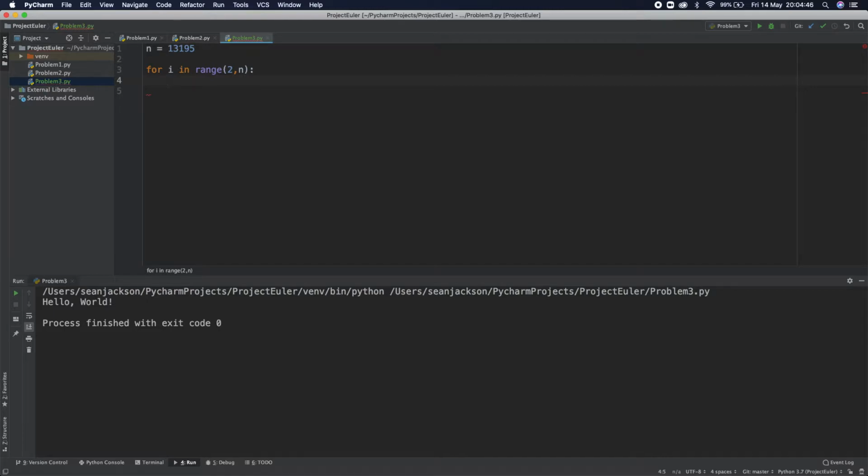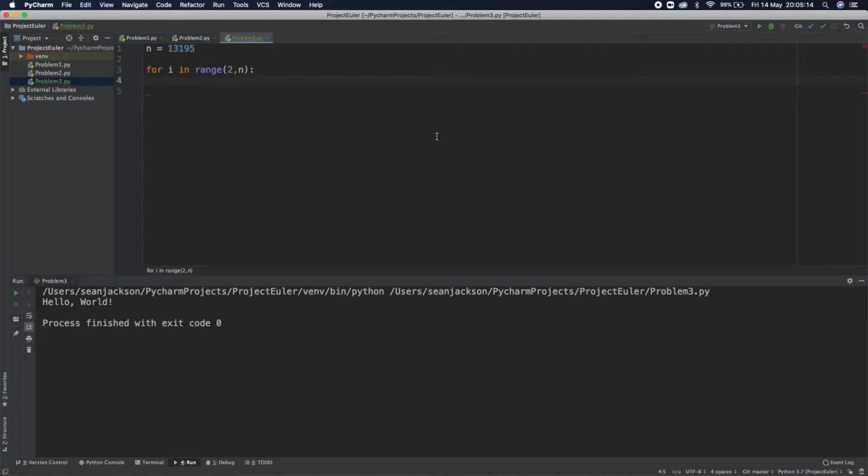And then we want to chip away at that. We want to keep dividing if it's divisible by the number. For example, the first one is going to be 2. So if n is divisible by 2, then we want to store the 2 somewhere as a factor and then divide n by the factor to reduce it to the components of the remaining primes that are still left in the number. Then we can keep iterating through and keep churning those out.